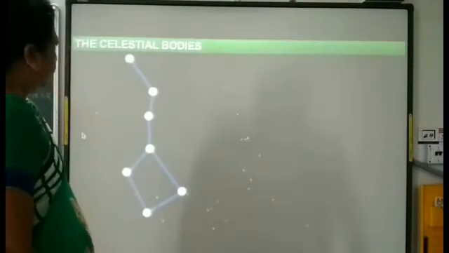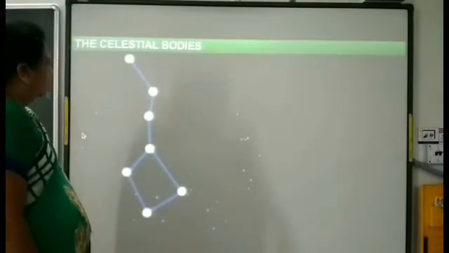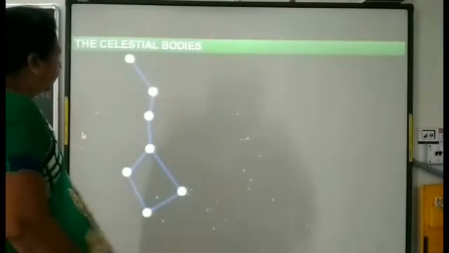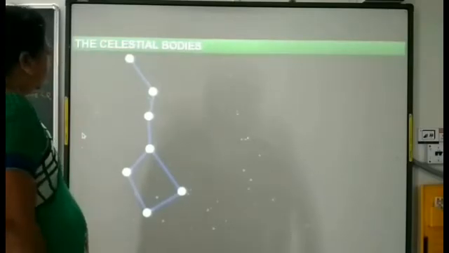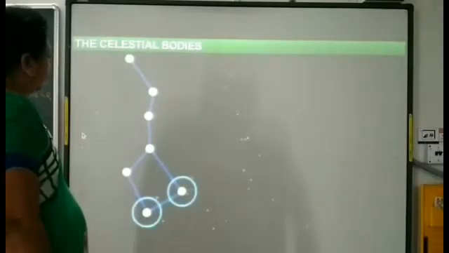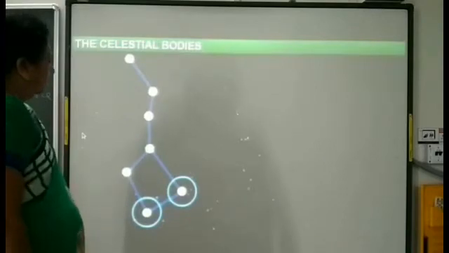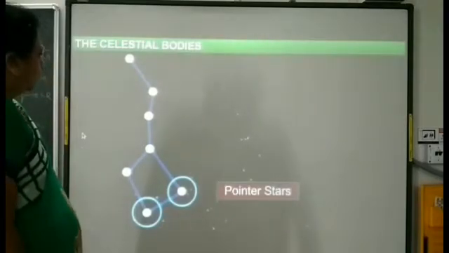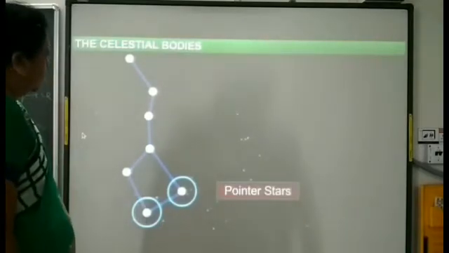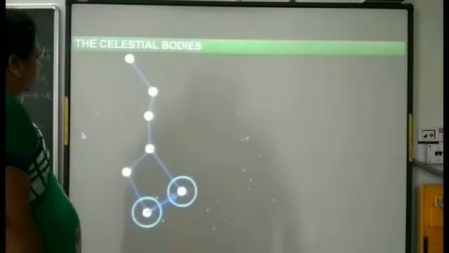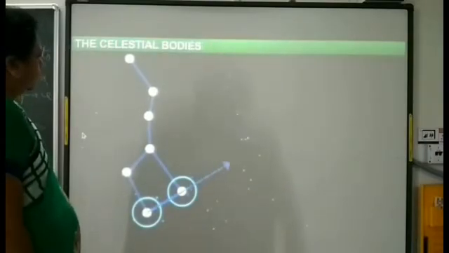With the help of the Saptarishi, we can locate a very important and famous star. The 2 stars that form the edge of the bear's bowl are called the pointer stars. Let's draw an imaginary line passing through the pointer stars.